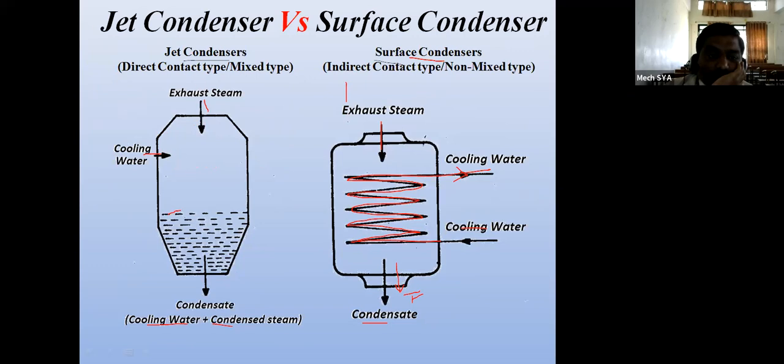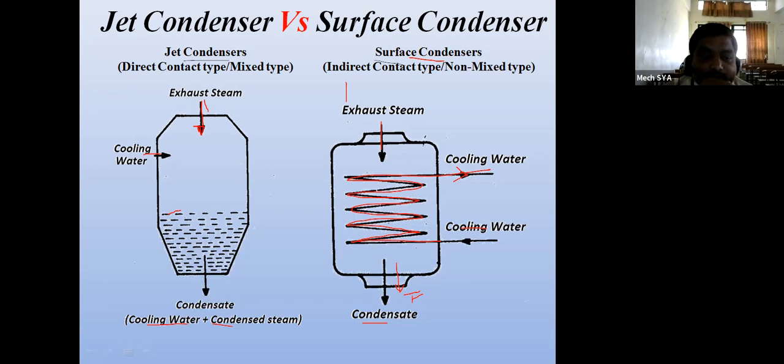Exhaust steam also enters through this device from one direction. Cooling water and exhaust steam get mixed with each other. Then the cooling water takes the heat from the exhaust steam, and the exhaust steam is converted into condensate, that is liquid water, and there is a total mixture.